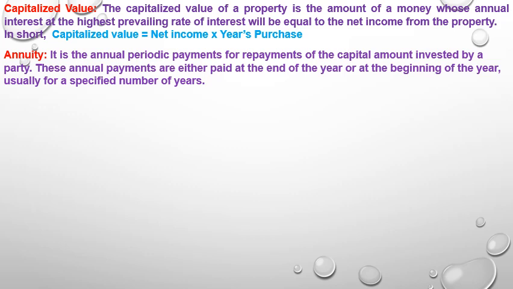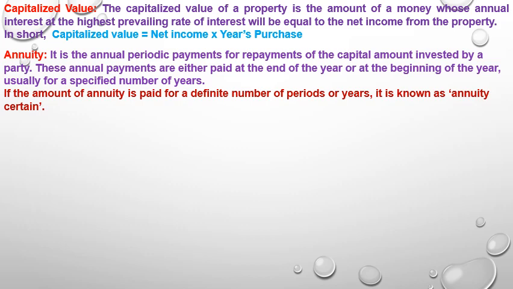Annuity is the annual periodic payments for repayment of the capital amount invested by a party. These annual payments are either paid at the end of the year or at the beginning of the year, usually for a specified number of years.